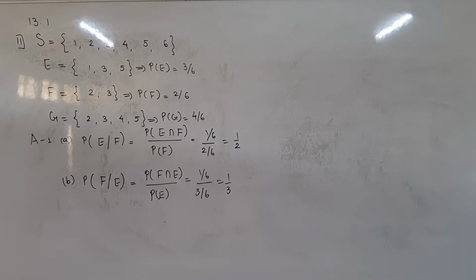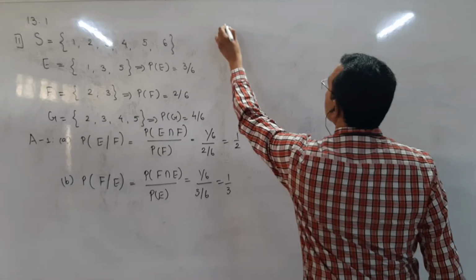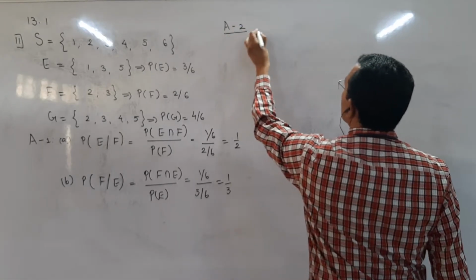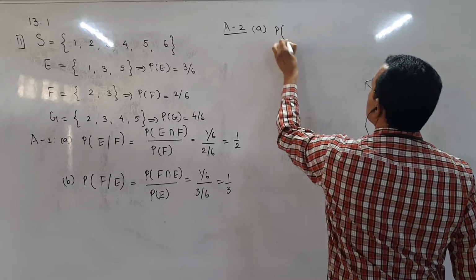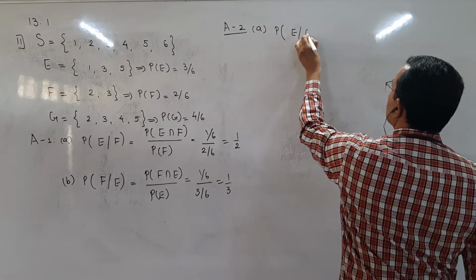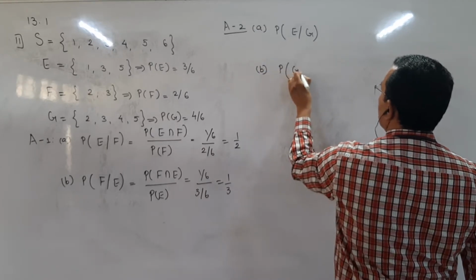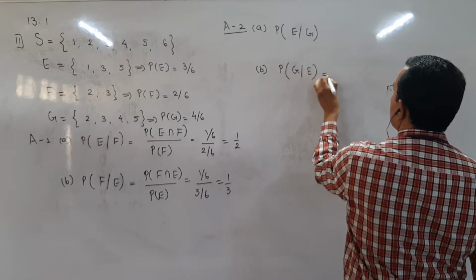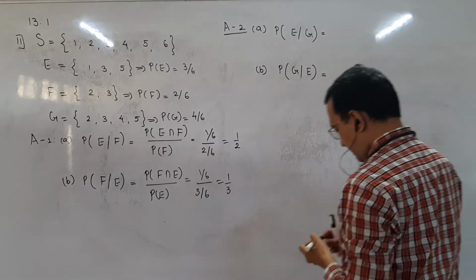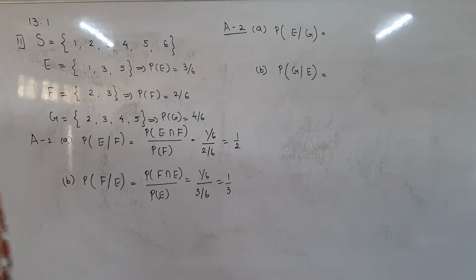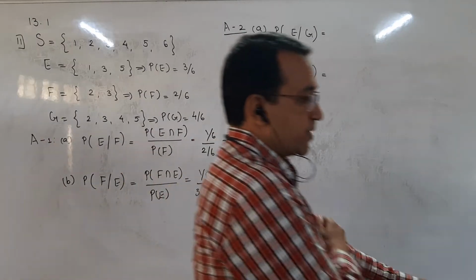Now, the second part of the sum. Answer 2, part A: conditional probability of E given G, and conditional probability of G given E. Okay, students, pay attention.